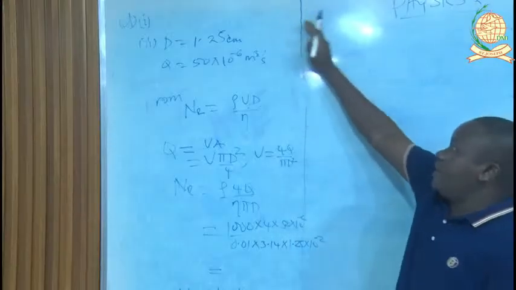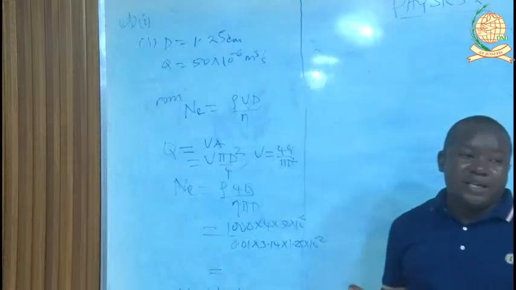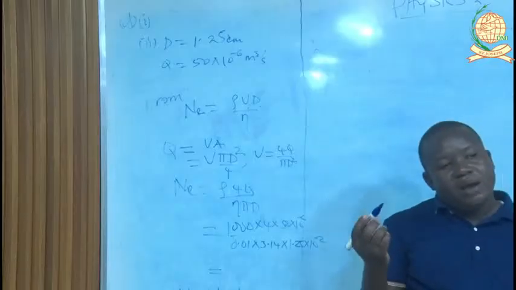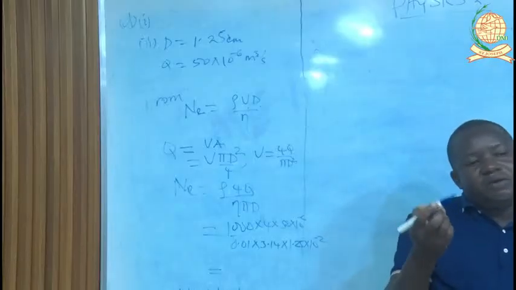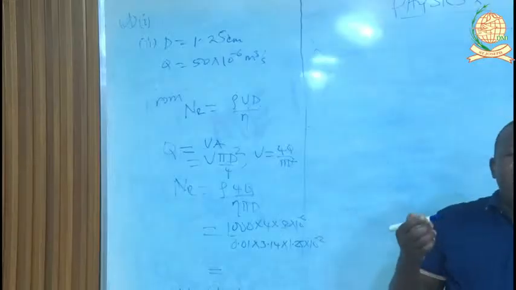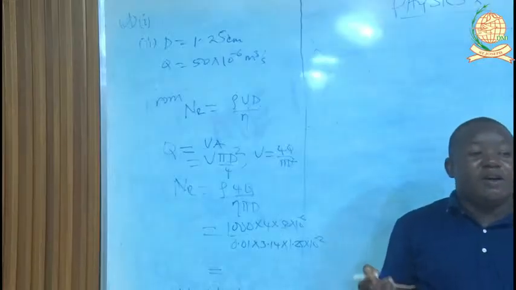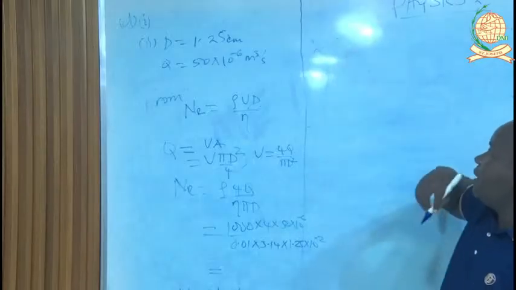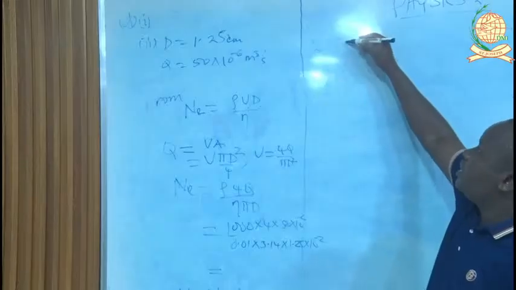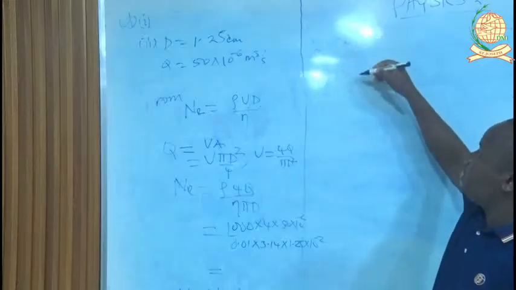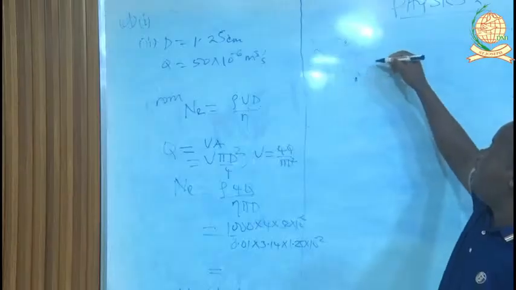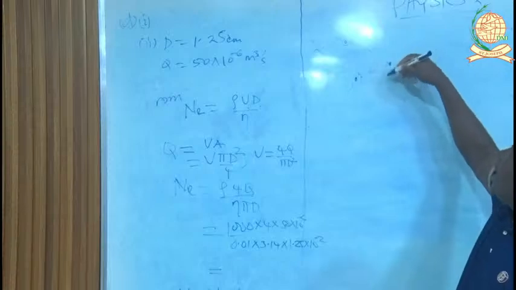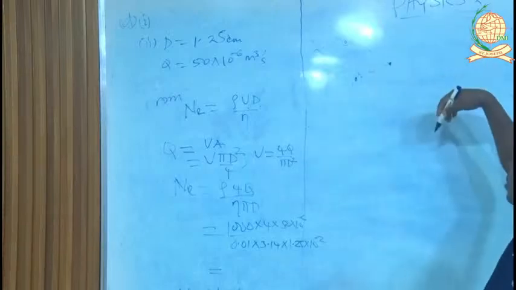That is interference. But diffraction is a superposition of two wavelets coming from different points of the same wavefront. That means you have a wavefront like this one. There is a wavelet generated from that point and from this point. Then in progress, they interfere here either constructively or destructively.